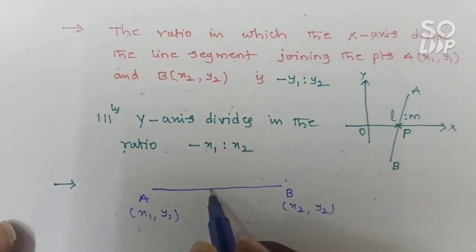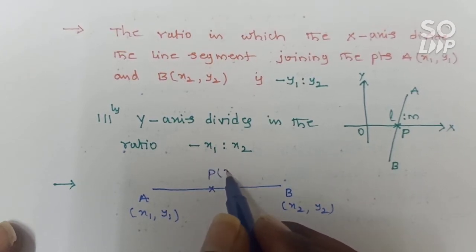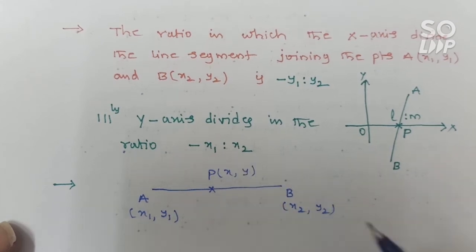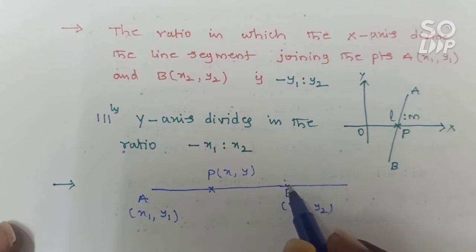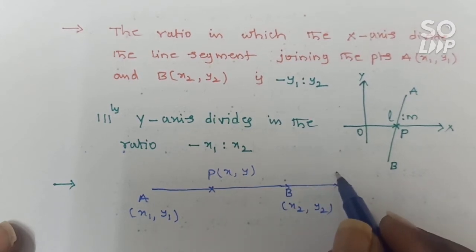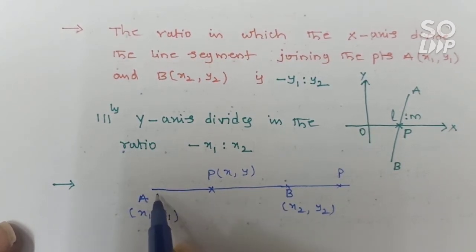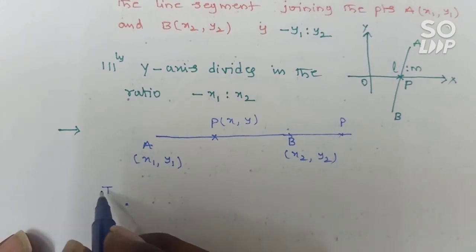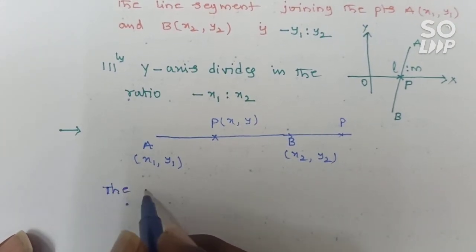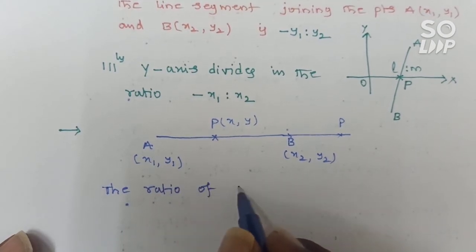Suppose a point P, either internally or externally, has coordinates x, y. This point P lies either internally or externally. Then in which ratio does P divide the line segment AB? So here you write the ratio of AB.